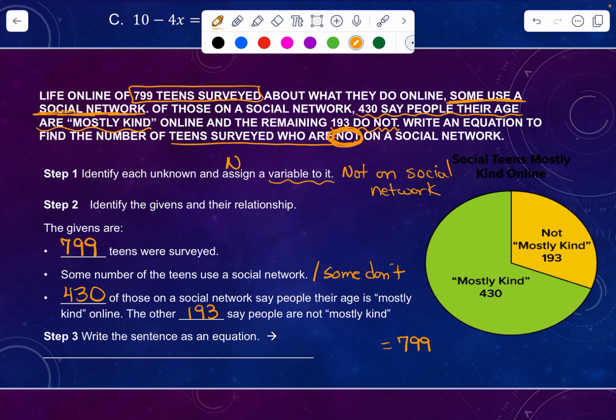I'm going to take the 430 that said they were mostly kind, plus the 193 that said they're not kind, plus something else. What's the other piece? The other piece is the number that is not on a social network. And that would be the equation for this situation: 430 plus 193 plus n equals 799. At that point, we would go through and solve it if we were asked to, but this time we're not. We're just writing the equation, okay?